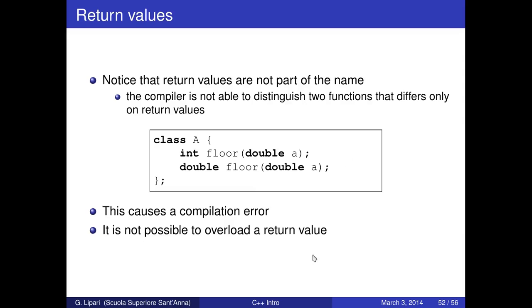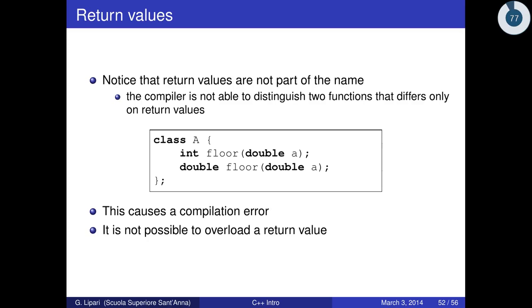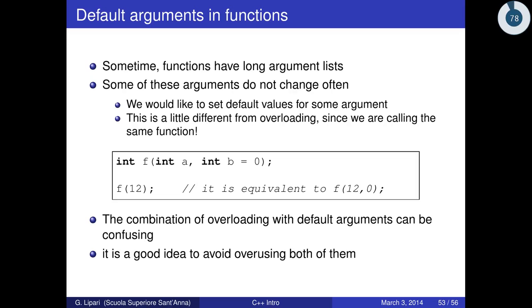Okay? And this means that it's not possible to overload a return value. And the reason is clear, because the compiler decides which function to call based on the argument list, and not on how the return type is going to be used. Okay? So there is no way of distinguishing between these two. So this is ambiguous, and so it's a compilation error.